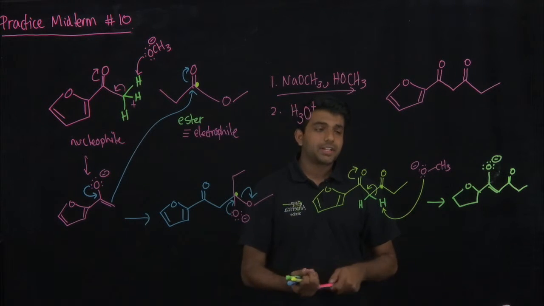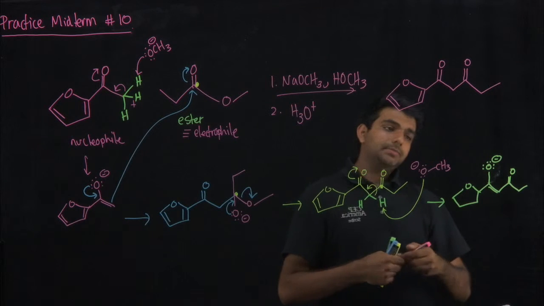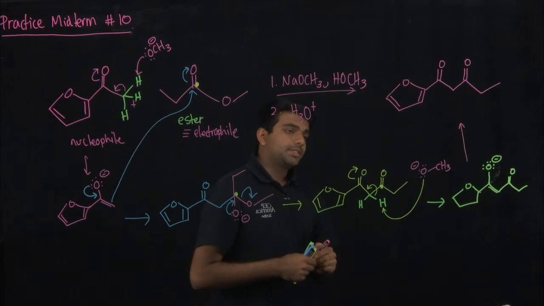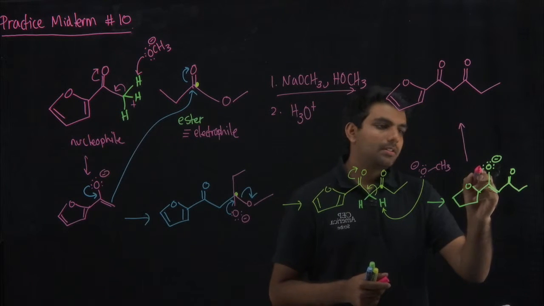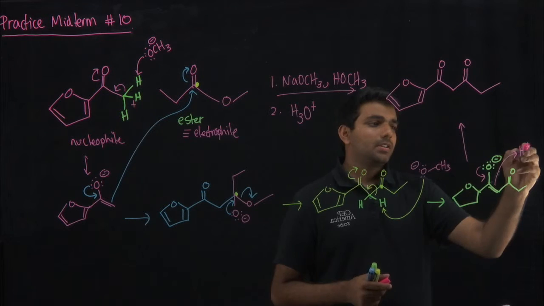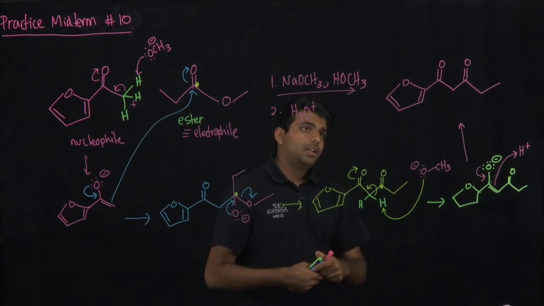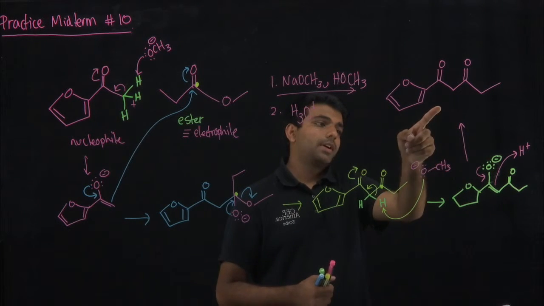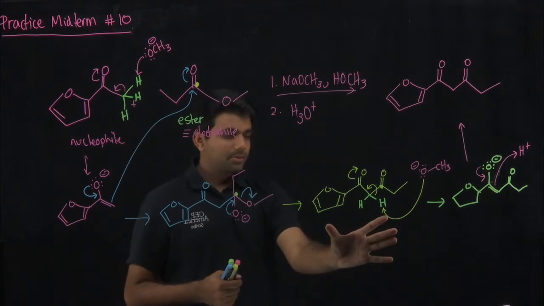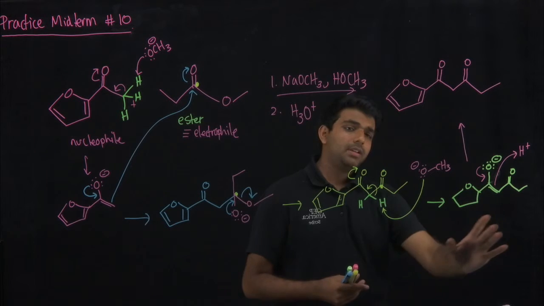And so that's where our second step comes into place as a workup. And so the second step is H3O+. And so what happens is our enolate picks up one of those protons from the solution and restores back to our final product. So you might be wondering, we already created our final product here. Why did we do this step?